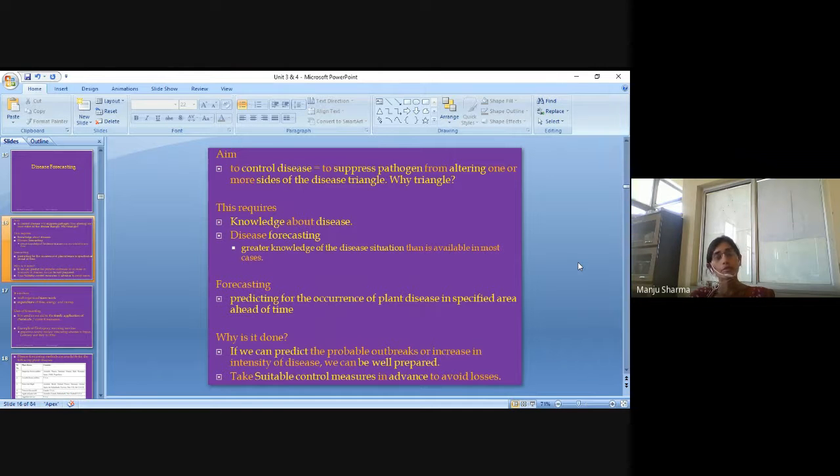The aim of disease forecasting is to control disease, to suppress the pathogen from altering one or more sides of the disease triangle.